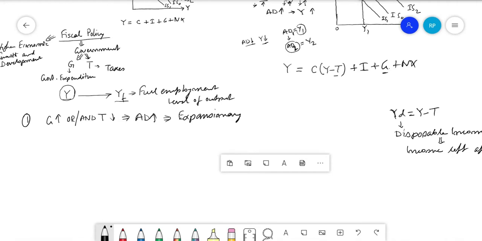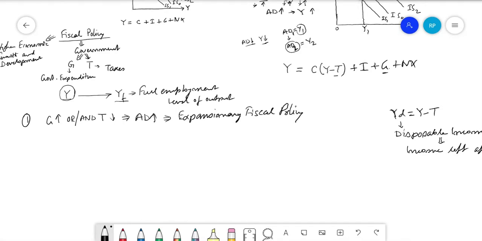It means if the government of any country increases its expenditure, that is G, or decreases taxes, T. Why did I write 'or'? Because the government can do both at the same time or any one of them.